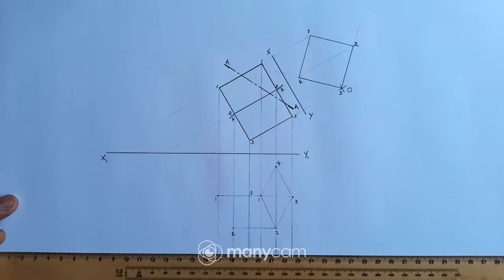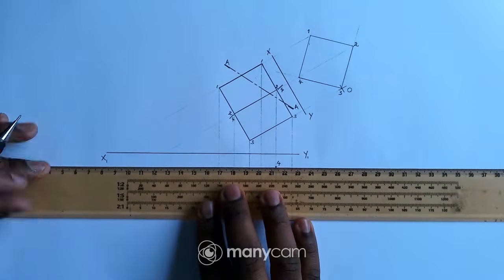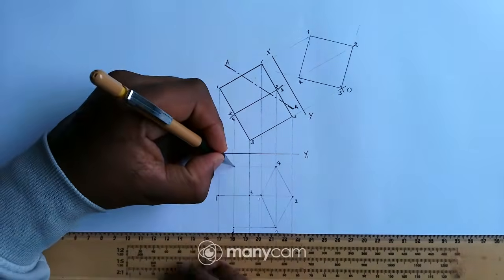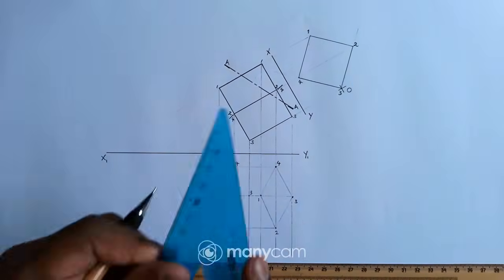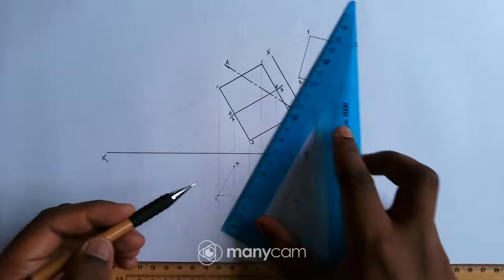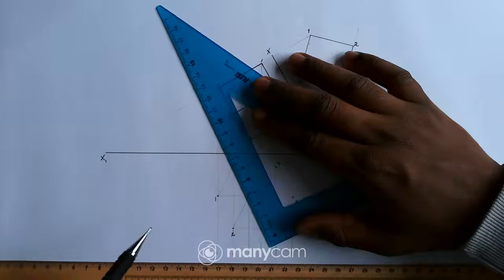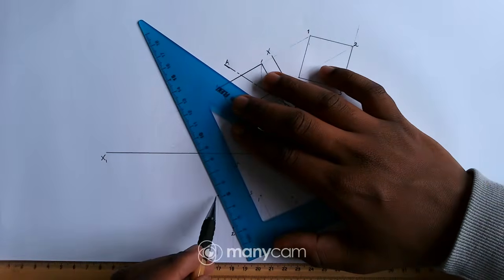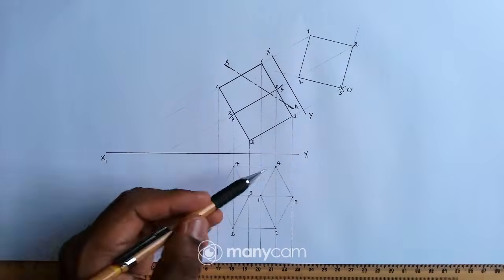And 4 is on this line, so I'll just draw that line to this one, so I can label that point 4. So now I can just connect the points. So this is the base of this prism, like that. So this is the top view in light construction, right?